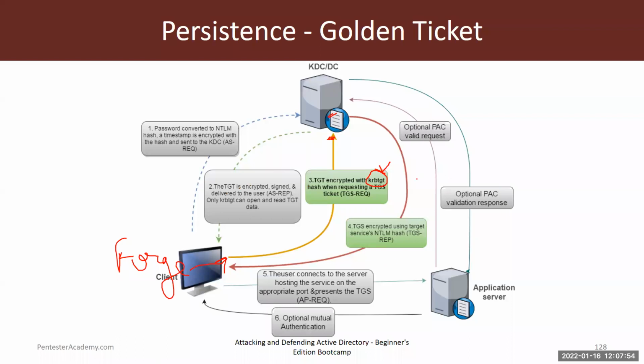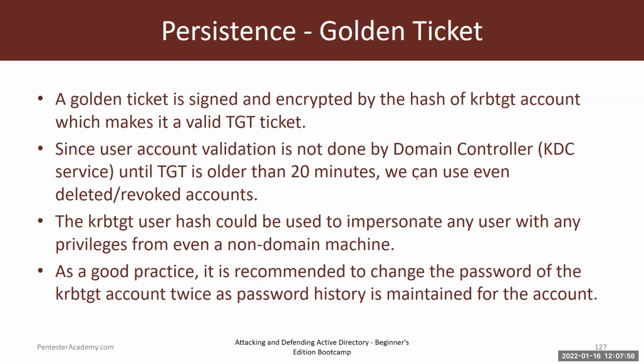And that is precisely what the golden ticket attack is. A golden ticket is signed and encrypted by the hash of the krbtgt account, which makes it a valid TGT. In fact, because by default for the first 20 minutes no user validation is done, you can actually create a TGT for a non-existent or deleted or revoked account as well.